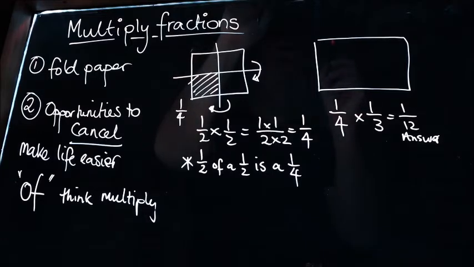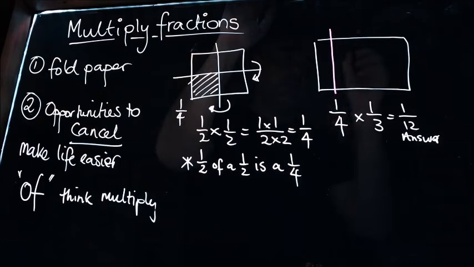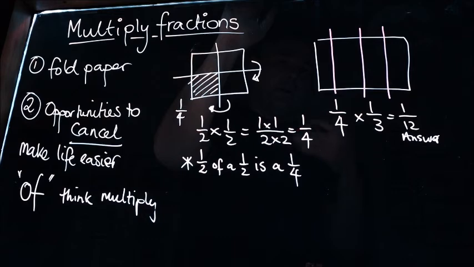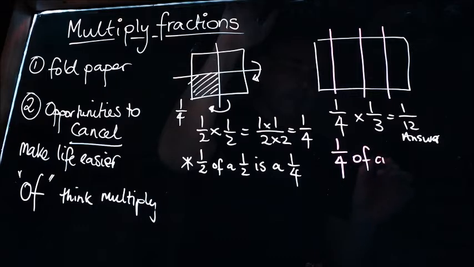So I've changed the color of my pen here, and I'm looking now very roughly. I chopped it up into quarters. If we say the same sort of language, we want a quarter of a third.